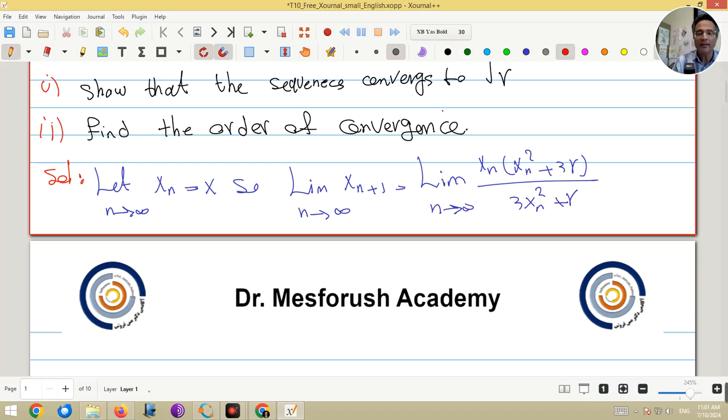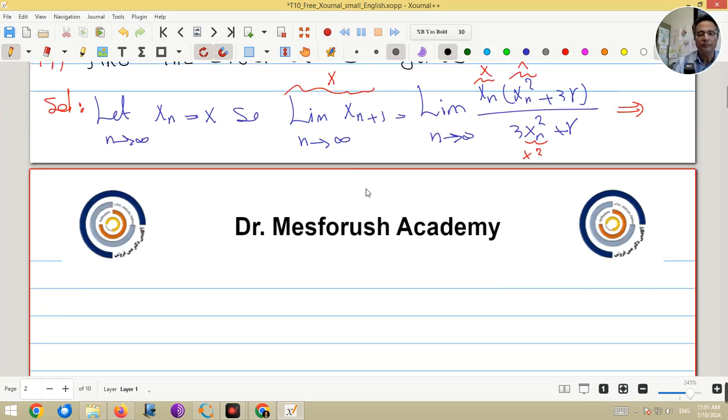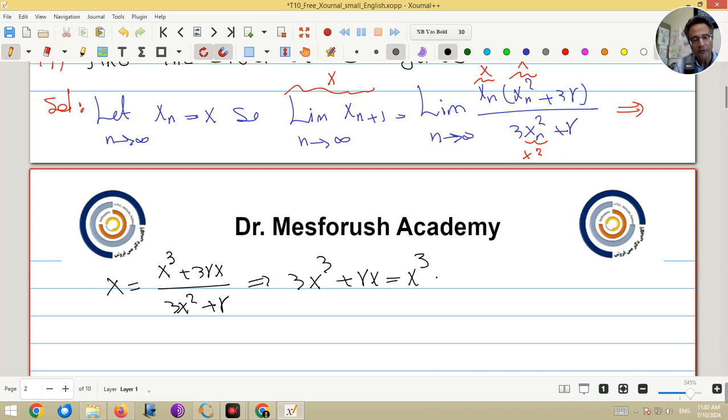By assumption, I know that this is equal to x, also this is equal to x, this is equal to x squared, this is equal to x squared. So if I put these instead of the left and right hand side, I will get x equal to (x cube plus 3r x) over (3x squared plus r), and this gives 3x cube plus rx equal to x cube plus 3rx.